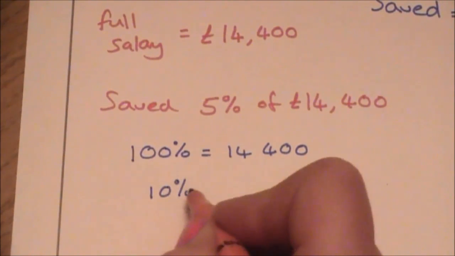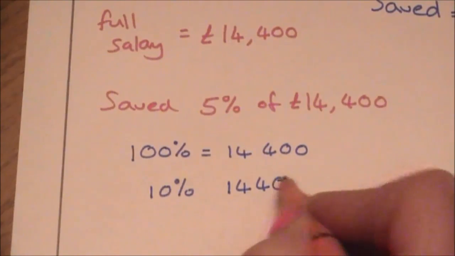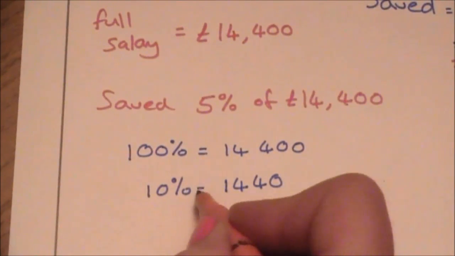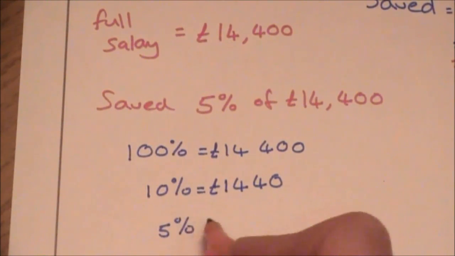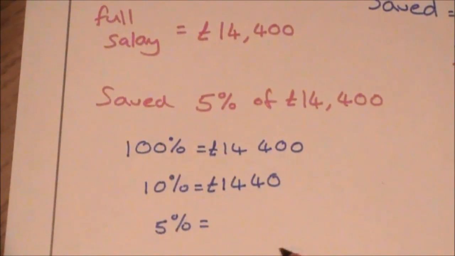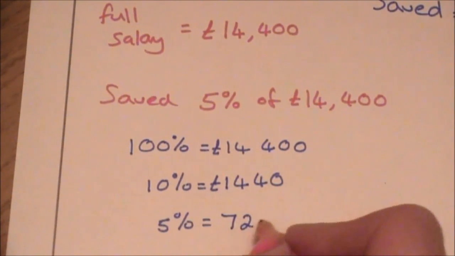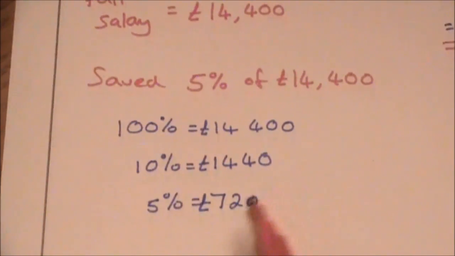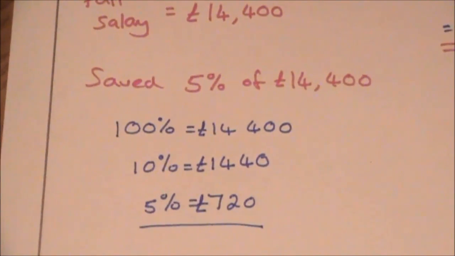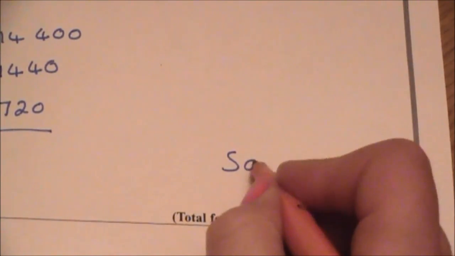I know in order to get to 10%, I can just divide that by 10, which is £1,440. And in order to get down to 5%, then I can just half it, and half of 1,440 is £720. So I know that he has saved £720. I'm going to make it clear down here that he has saved £720.